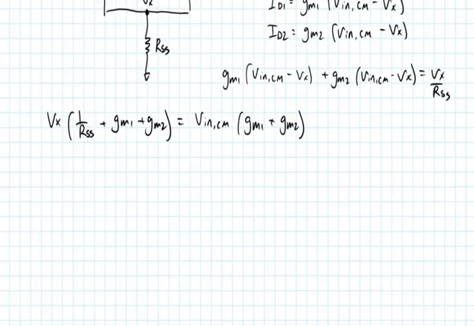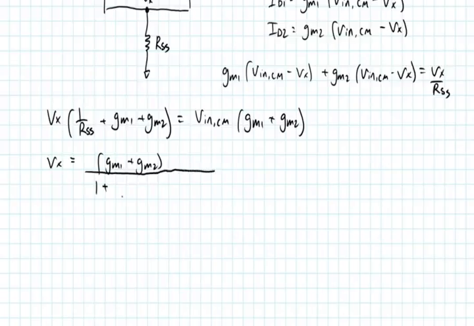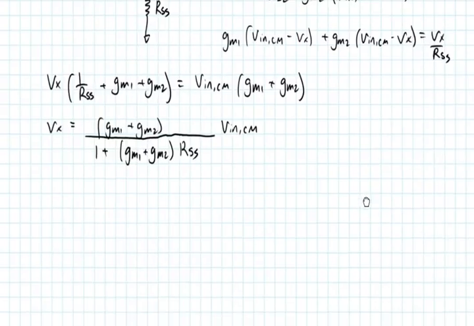Now if we solve for Vx, we get Vx is equal to (GM1 plus GM2) divided by (1 plus (GM1 plus GM2) times RSS) times Vin,CM. Now, one thing that you might note is that this is a classic negative feedback equation, which is perhaps not surprising given that we are effectively doing source degeneration here, which is a negative feedback technique.